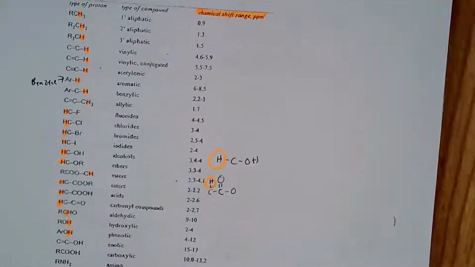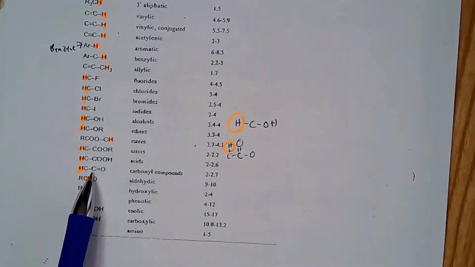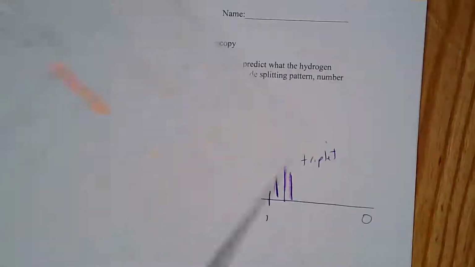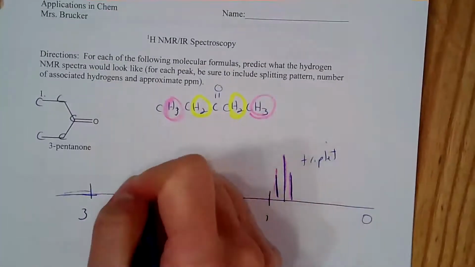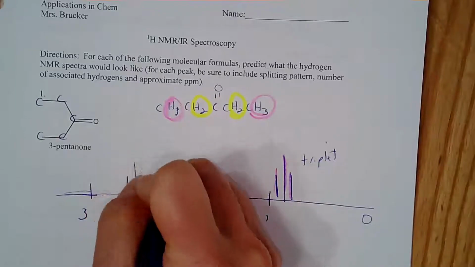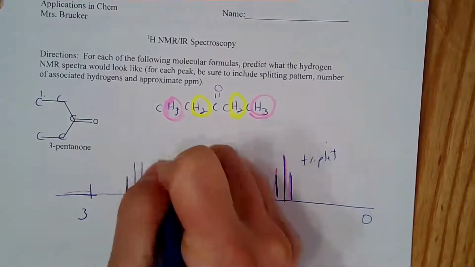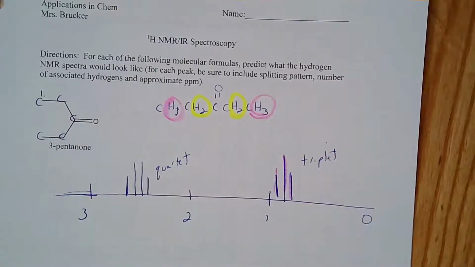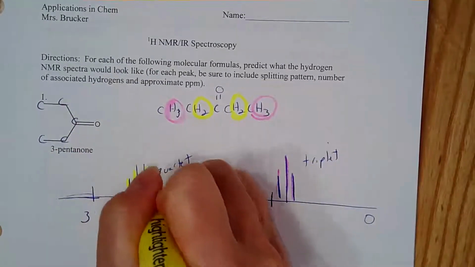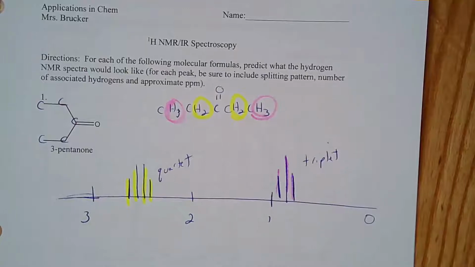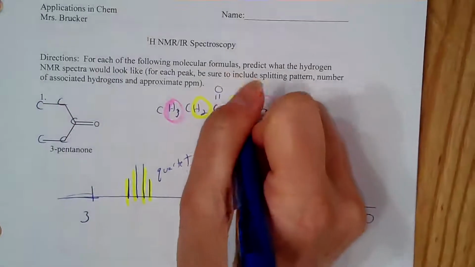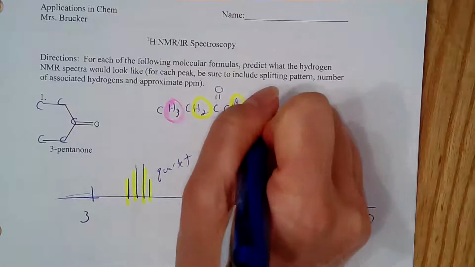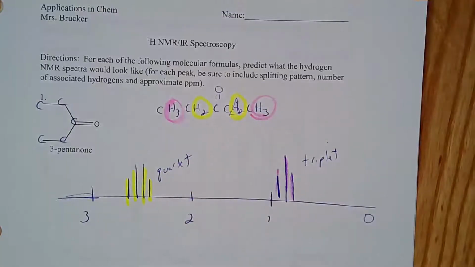And again, because it's next to that C double bond O, it's going to be between 2 and 2.7. So somewhere over here is all I'm looking for. Write quartet next to it so there's no confusion. If you want to use a color system, or symbols like triangles and squares, go for it.